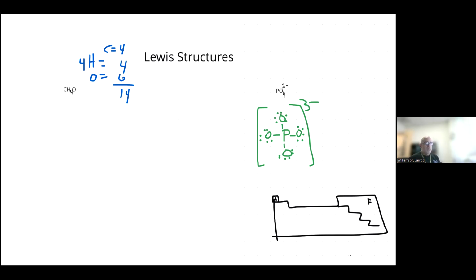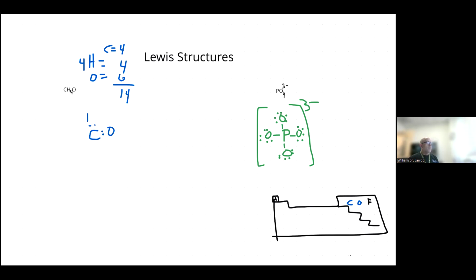Carbon is about here. Oxygen's about here. The one that's furthest away from fluorine will be the central atom, so I'm going to go carbon. Hydrogen's always a terminal atom, so I need to connect oxygen to this. So I connect oxygen. Now I'm going to connect the hydrogens.